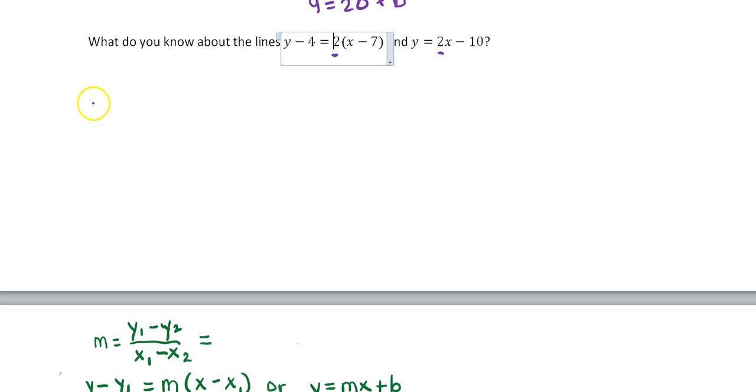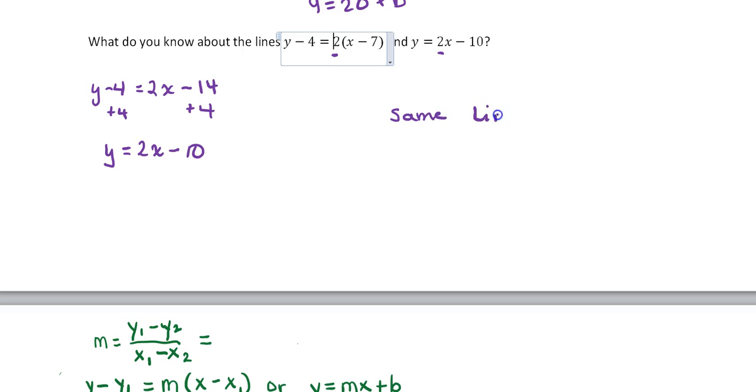I am going to distribute. So I'm going to have y minus 4 equals 2x minus 14. And I add 4 to both sides. So now I have y equals 2x minus 10. But we know that they're the same line, right? If they have the same slope and the same intercept, it's the same line.